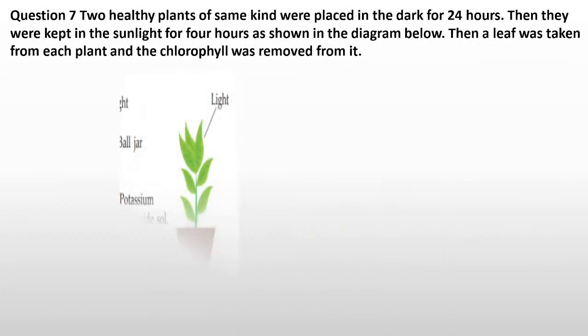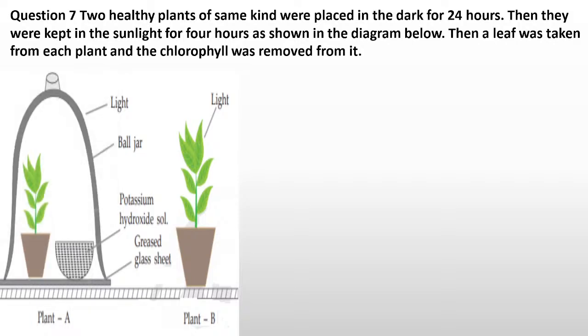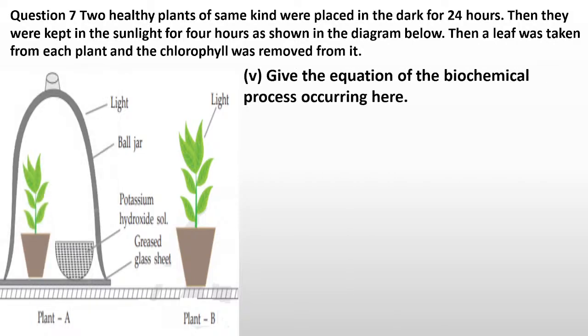Question number 7, same setup, plant A, plant B, sub-question. The last sub-question of question number 7: give the equation of the biochemical process occurring here. And your options are A, C6H12O6 plus 6O2, giving you 6CO2 plus 6H2O plus 38 ATP.